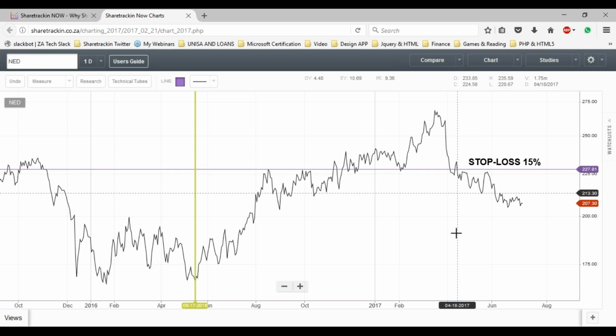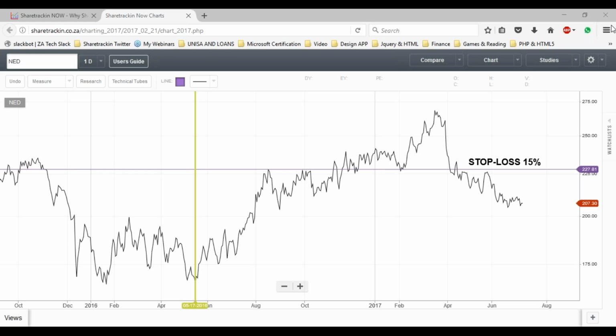Now, just before I end this webinar, I hope you have a really good understanding now of how you can actually implement this manually on your chart, to see how you can use it and always be up to date of how far the share price is from your stop loss line. Now, what I want to reiterate is the fact that you should not be using the same stop loss on all your shares.